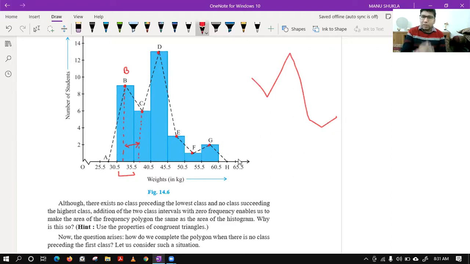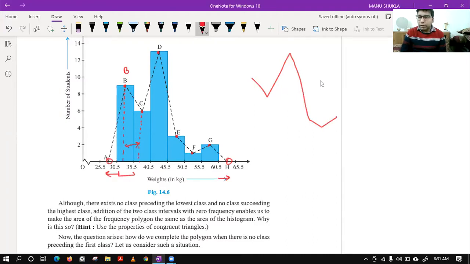So what we will do is, we will find one point backward on the x-axis, and one point forward on the x-axis, just 5 units before and 5 units forward, and that will be our points A and H. Okay, just giving you a little idea about this topic. Tomorrow we will discuss it completely, don't worry for that.